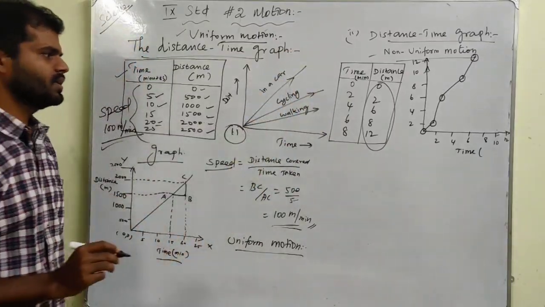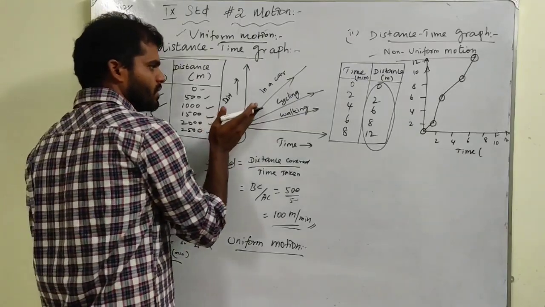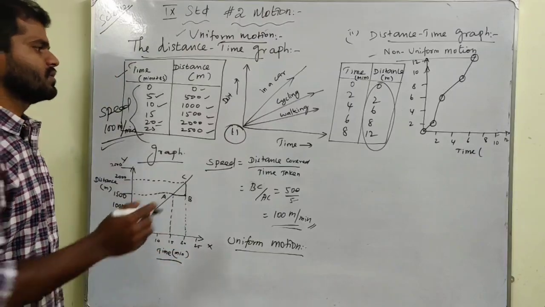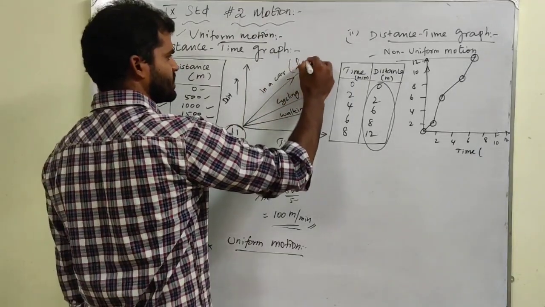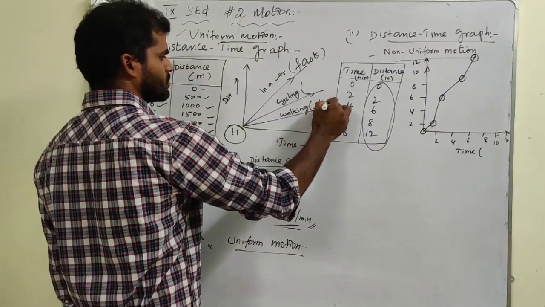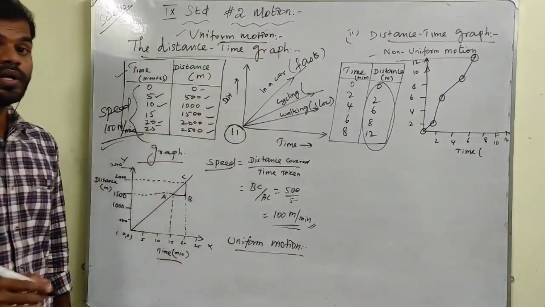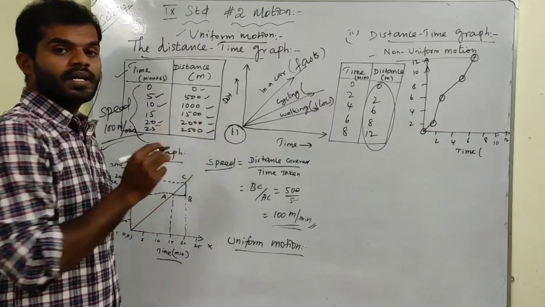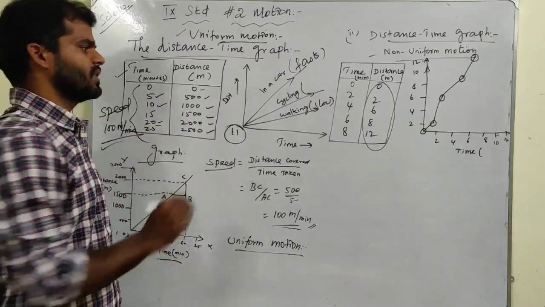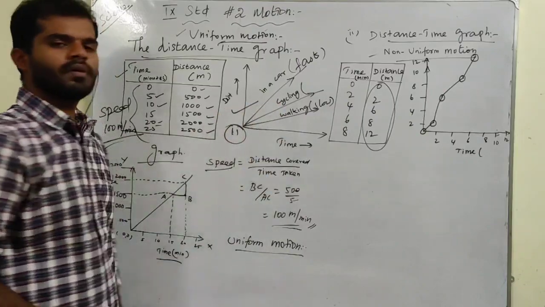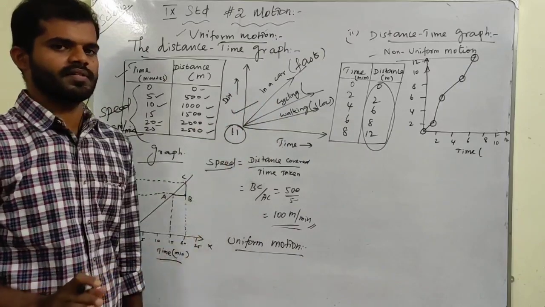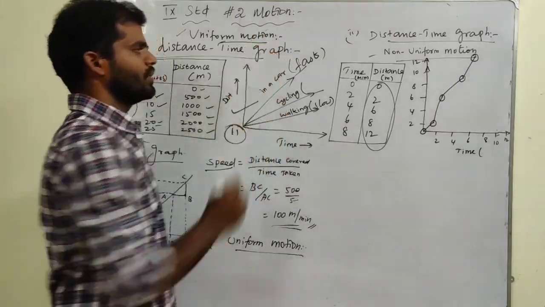What's happening here when the line goes steeper? It means it is very fast. This is medium and this is slow. But they are covering equal distances in equal intervals of time. So this is called uniform motion, but the speed varies. But they are in uniform motion.